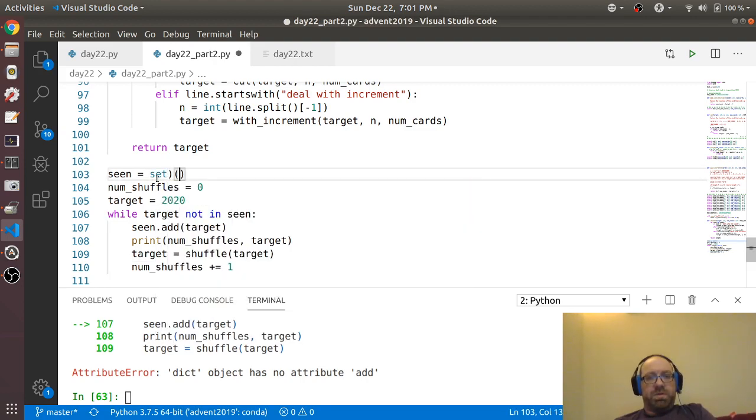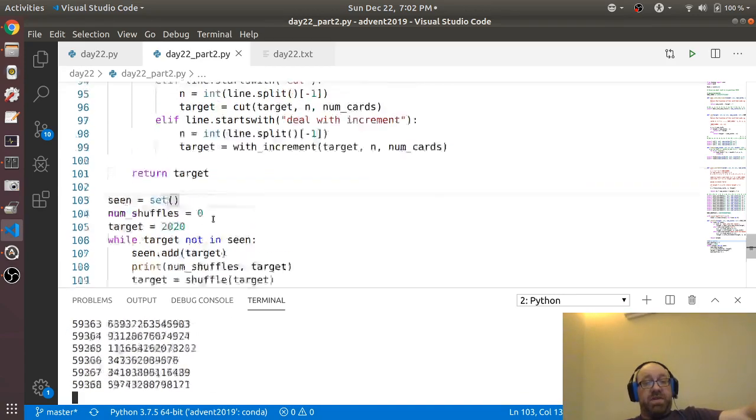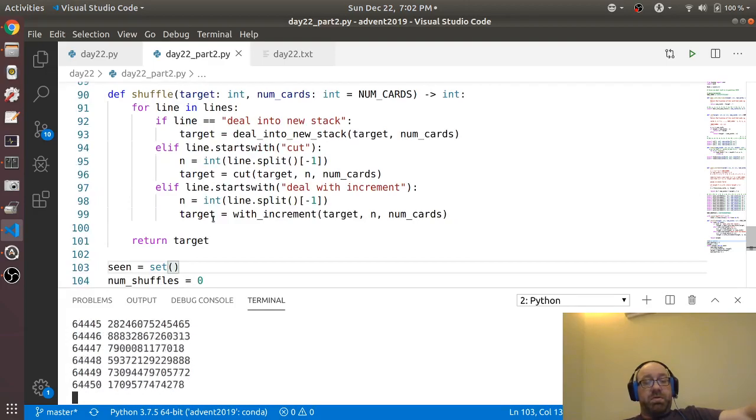Seen equals set. So what I want to do is I'm hopeful that I will find a repeat in here somehow. And maybe that's dumb of me to hope that, but right, it's almost certainly dumb of me to hope that.